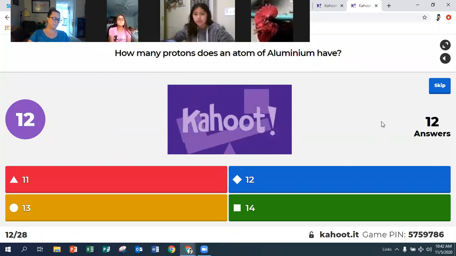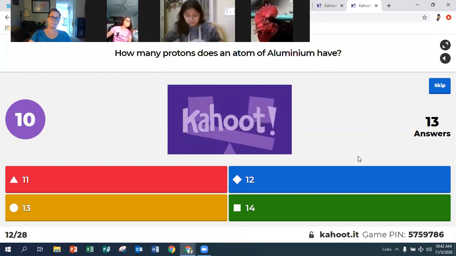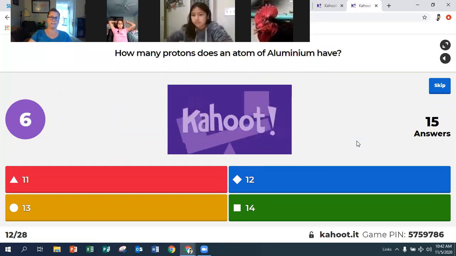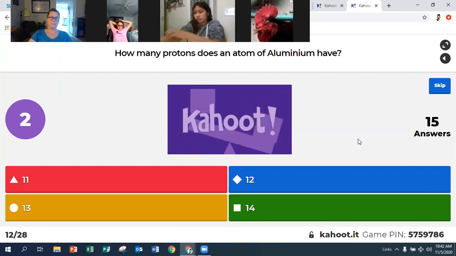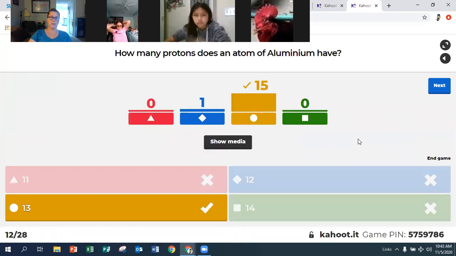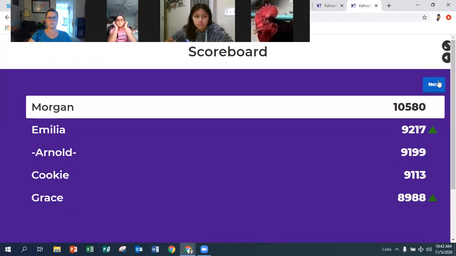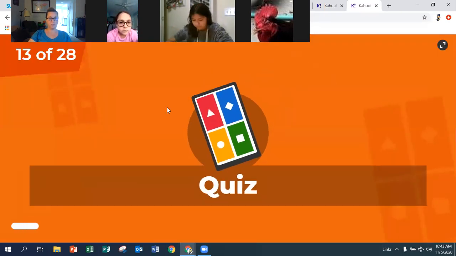Aluminum does have 13 protons, which also means that it has 13 electrons, right? We've lost quite a few players in this game. Little movement there.